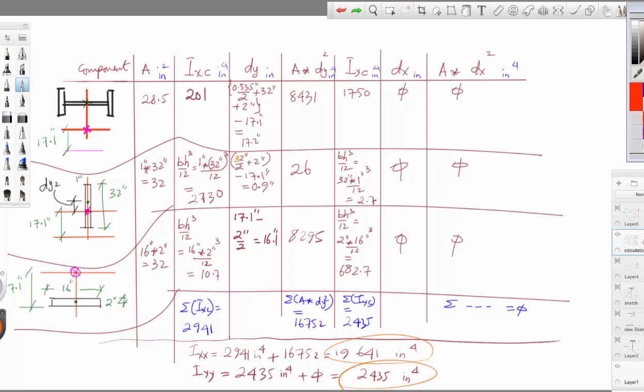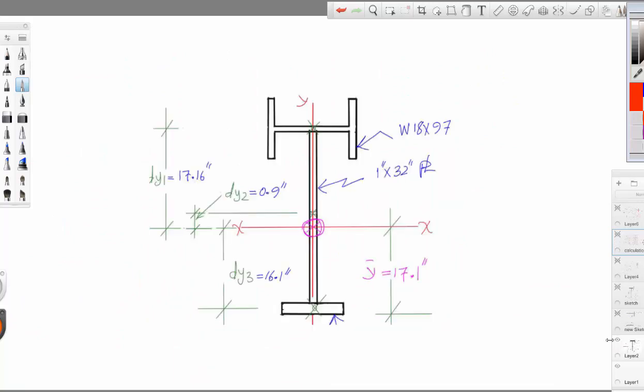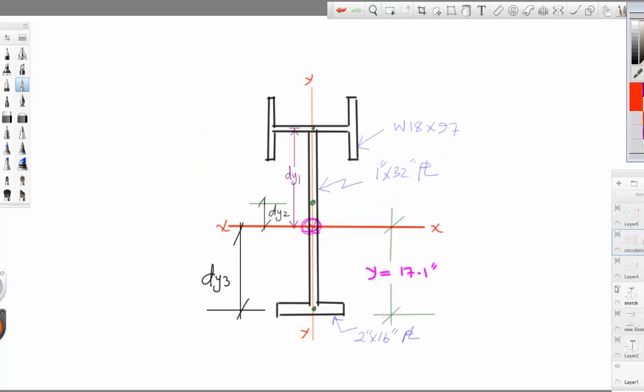Now we'll focus on measuring the distance between the centroid of the section and the centroid of the entire thing. So let's do this enlarged. This is the section, this is the W18.